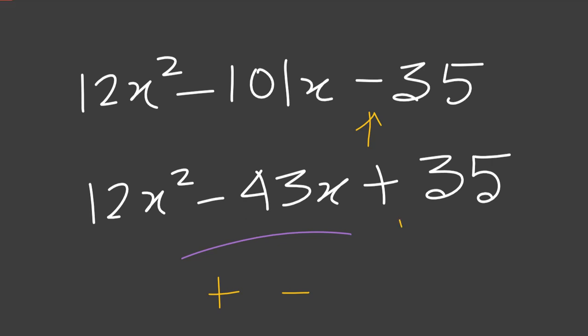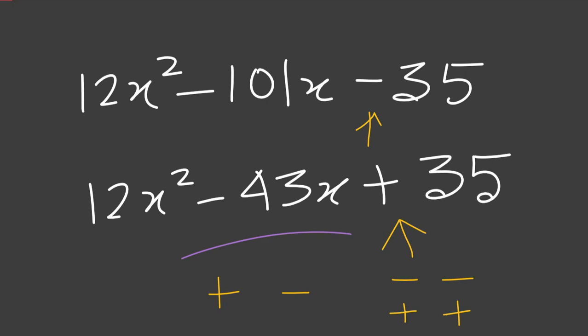And in this case you have the sign of the constant as positive. That means both the numbers will be negative or both the numbers will be positive. Now that gives you the sign of the roots. That is also helpful, and I will tell you how.